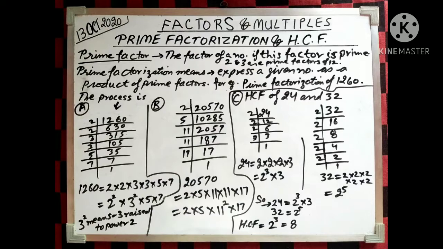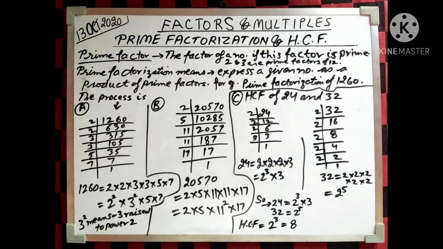So finally we write 20570 is equal to 2 into 5 into 11 into 11 into 17, which means 2 into 5 into 11 square into 17. So this was the process of prime factorization of a single number.